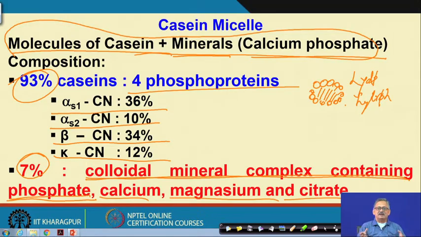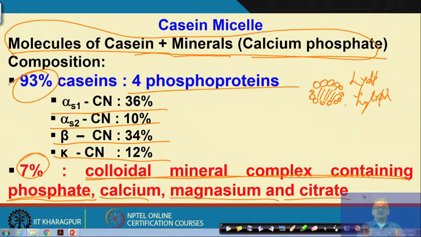So, the casein micelle is comprised of the casein molecules plus the minerals, around 7%, maybe in the form of calcium phosphate or many others, and 93% is casein, for which we have given the distribution of alpha S1, alpha S2, beta, kappa.